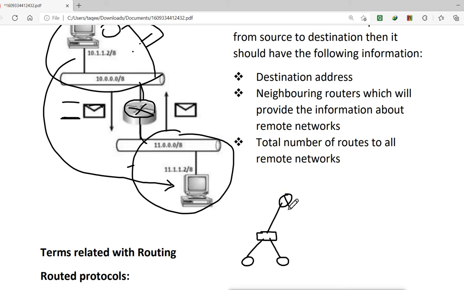Then router will be connected through the WAN, or whatever the WAN network, and then through the WAN it is connected to other site, and that site also has some LAN network and LAN network IP, some machines connected.